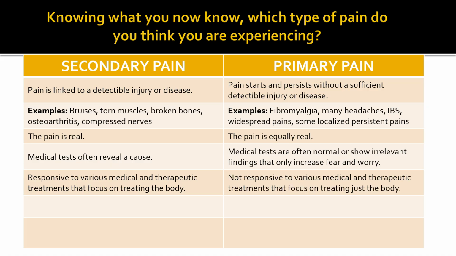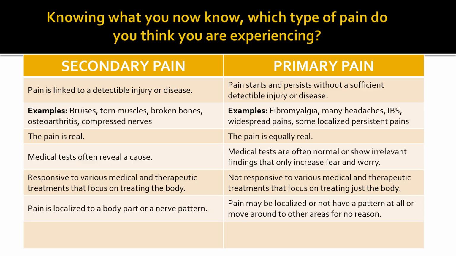However, primary pain is not responsive to various medical and therapeutic treatments that focus on treating just the body. Secondary pain is localized to a body part or follows a nerve pattern. However, primary pain can be localized or not have a pattern at all or move around to other areas of the body for no reason.